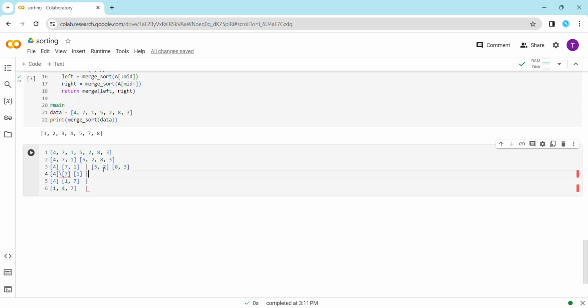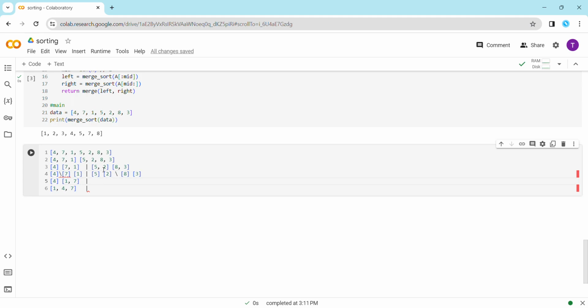Similarly, 4 and 2 will be separated and compared to each other, and 8 and 3 will also be separated to be compared against each other in a smaller sub-array.